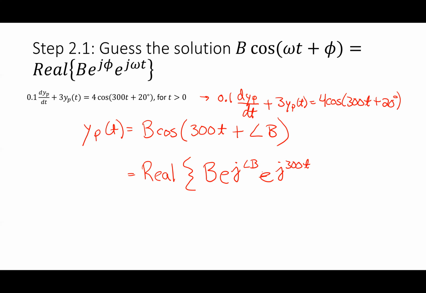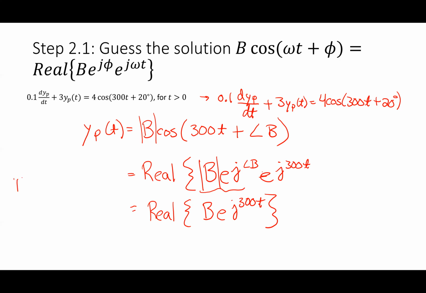Now, maybe what I'm really going to do is write it that way, because when I do it that way, I can say this is the real part of some complex number B e to the j 300t. I just put these together. B has a magnitude and an angle.